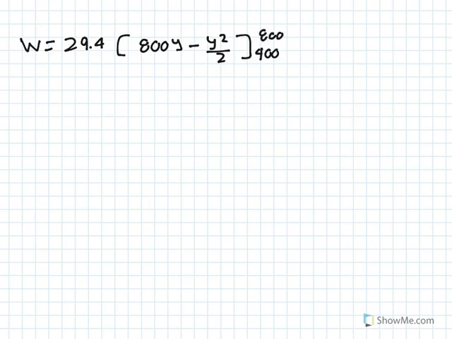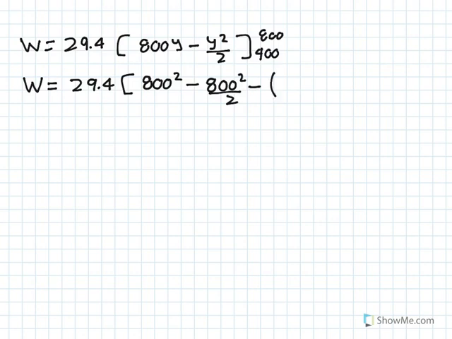So we get work is equal to 29.4 times [800y minus y squared divided by 2], evaluated from 400 to 800, applying the fundamental theorem of calculus. Putting the upper limit in, we get 800 squared minus 800 squared divided by 2.